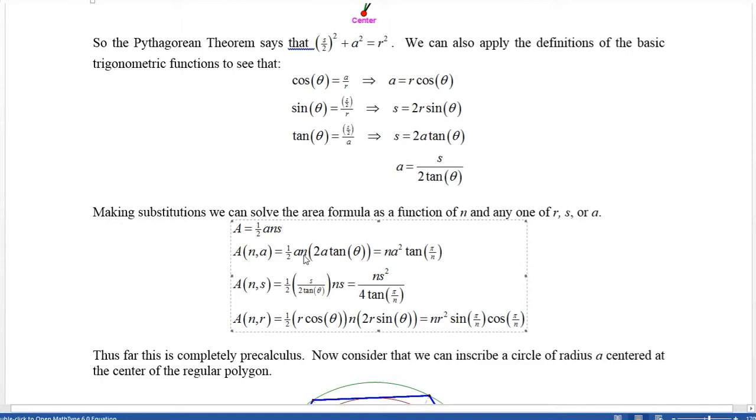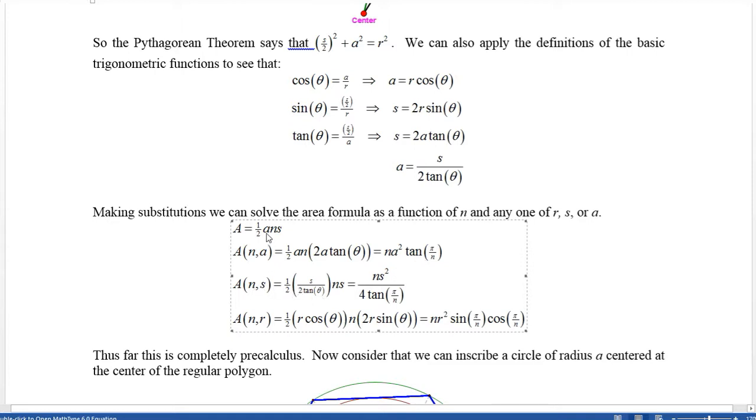Now put the A's together, you get A squared, you've got an n. The 1/2 and the 2 cancel, and you still have the tangent of theta, which is tangent of pi over n. So we have n A squared tangent of pi over n, and that gives the area as a function of n and A only. Certainly we need to know n so we know what basic shape we're talking about. And as long as we know that and we know the length of the apothem, we can find the area.